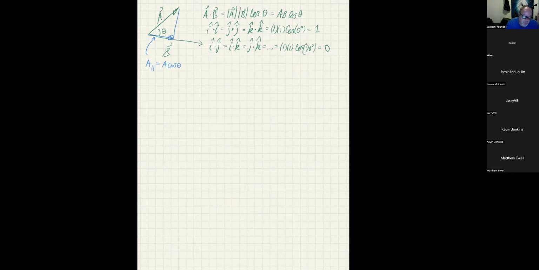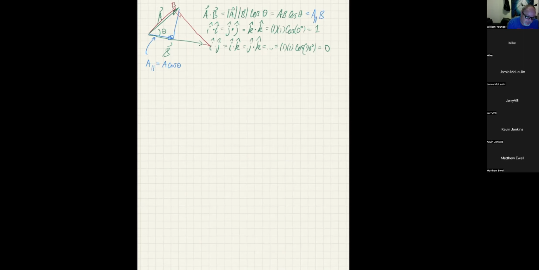So you can see another way of writing this is A parallel to B times B. Also, you could draw a line perpendicular to A. And in that case, you would see that this theta times B would actually give you the component of B. Let's do it in red.